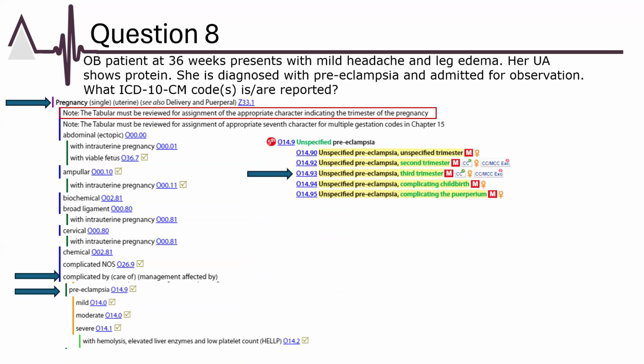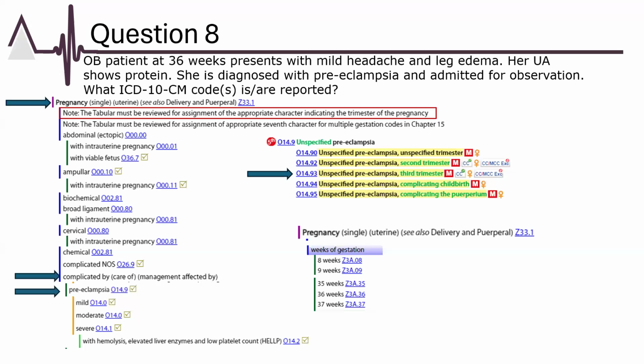We must also use an additional code from category Z3A, weeks of gestation, to identify the specific week of the pregnancy. Z3A.36 indicates that she is 36 weeks pregnant. Verify all codes in the tabular list. The correct codes are O14.93 and Z3A.36.